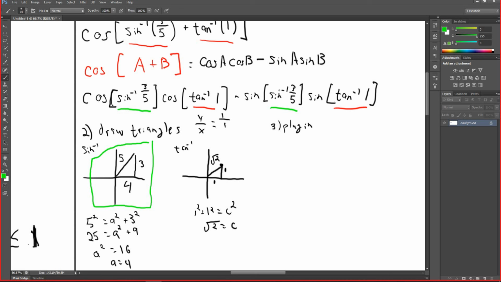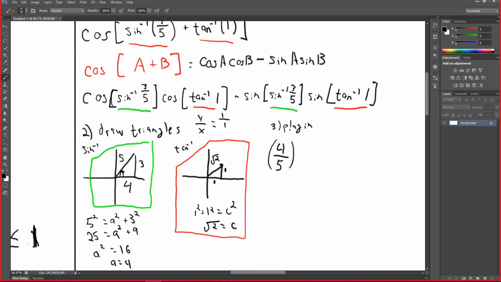Would it be 3 over 5? You're giving me sine. What would cosine be? 4 over 5. So cosine is adjacent, so this is 4/5. And then what's cosine of tangent inverse of 1? So in my red graph, what would cosine be? 1 over square root of 2.